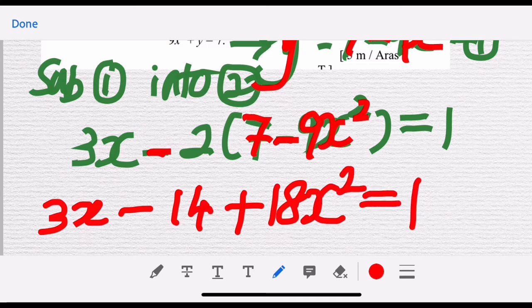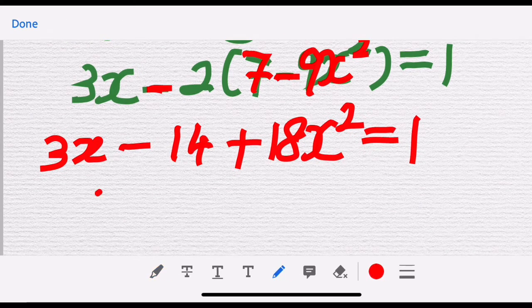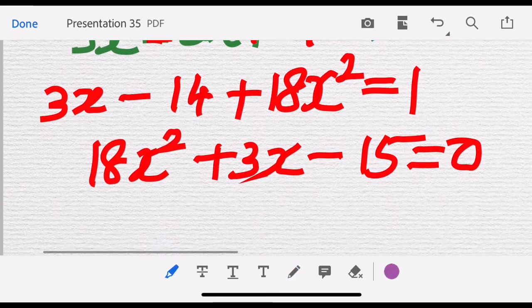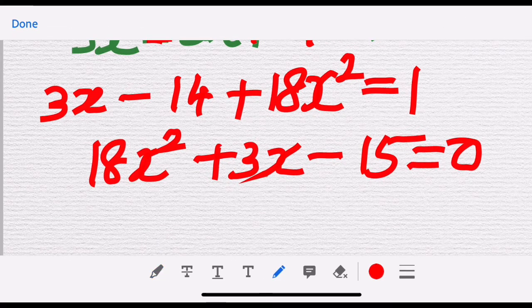equal to 1. Now I need to make sure I get the positive a in the general form, right? Don't forget, many of you will plug into the calculator. Please don't do that. You will be penalized in exam, so you have to simplify.